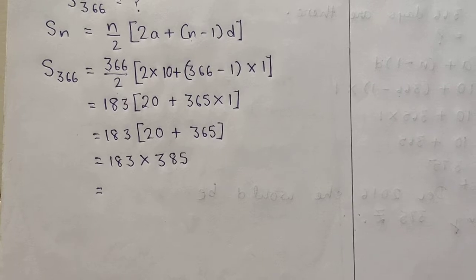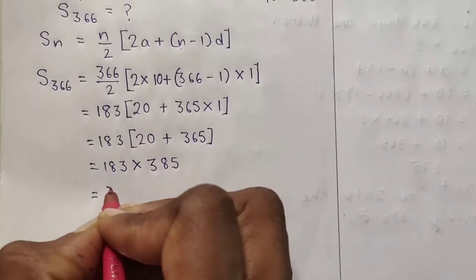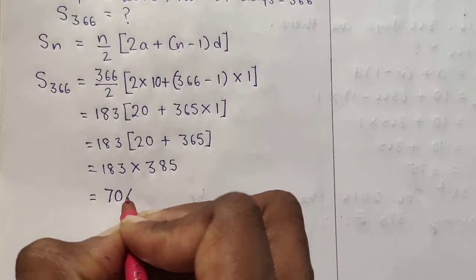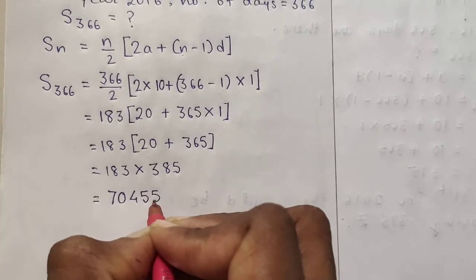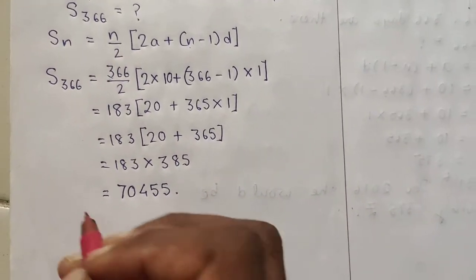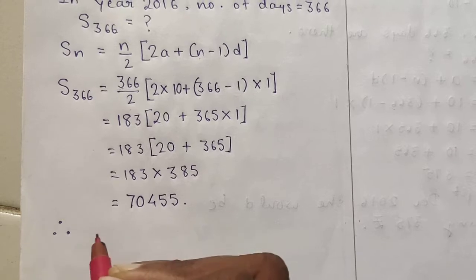So students, if you multiply this, you are going to get 70,455. Okay, so what is our final answer?